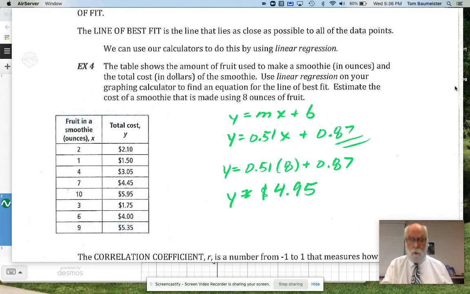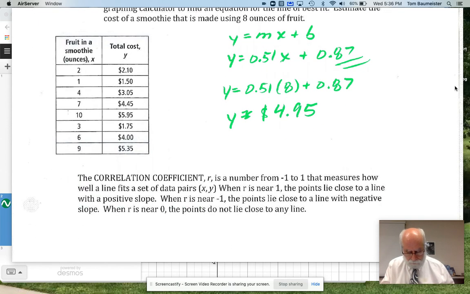you would get $4.95. All right? So the last thing I asked you to write down was our R. So if you looked, we had an R of 0.987. So that's called the correlation coefficient, and it is a number from -1 to +1 that measures how well a line fits a set of data points.